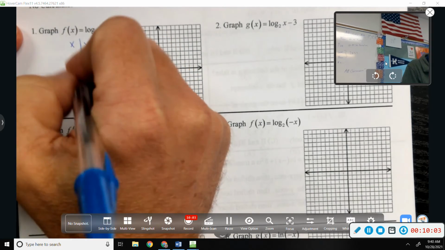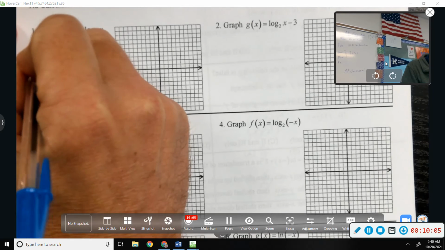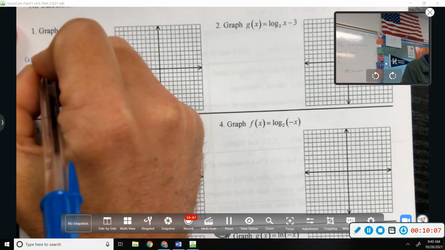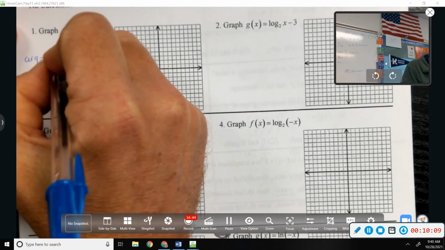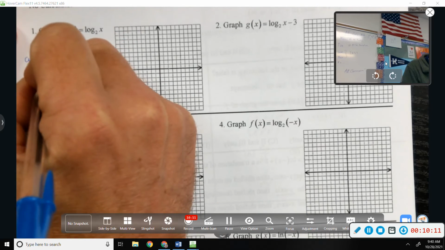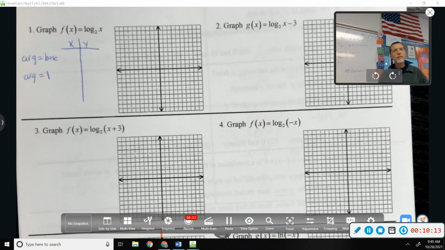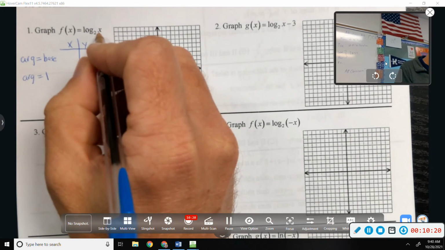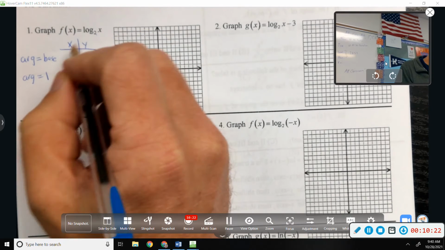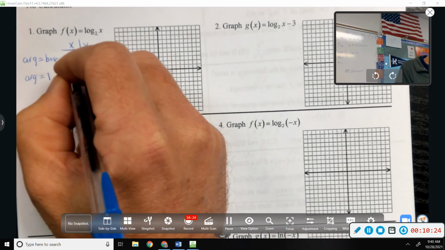X and Y. For logs, the two easiest logs to figure out are when the argument is the base and when the argument is 1. So if the base is 2, then I'll make the argument 2.